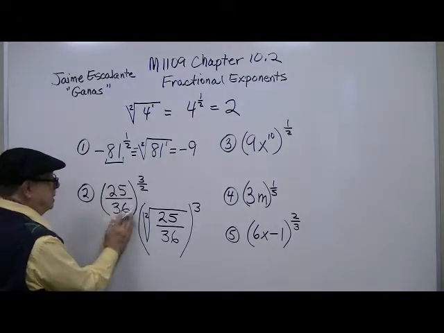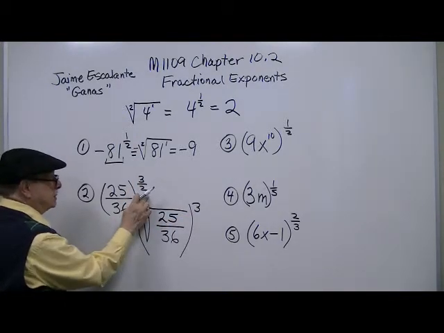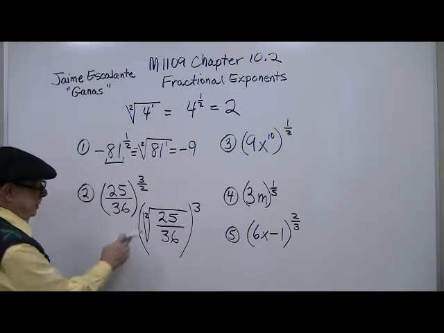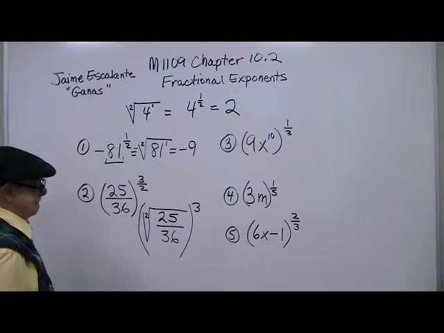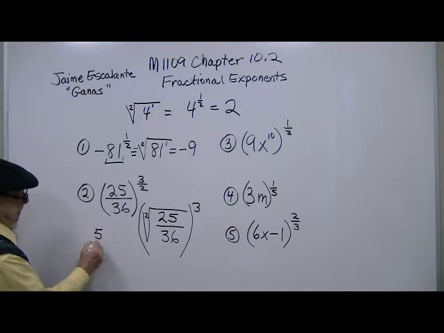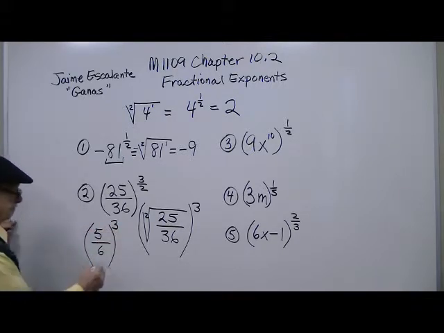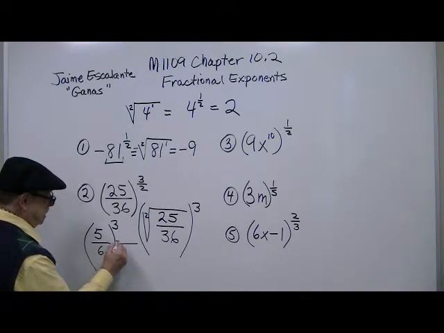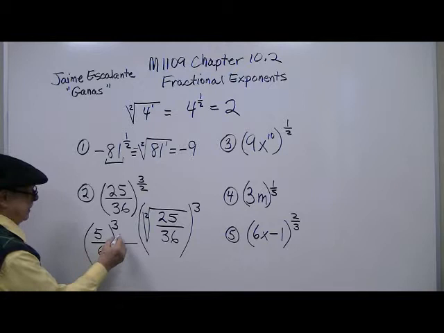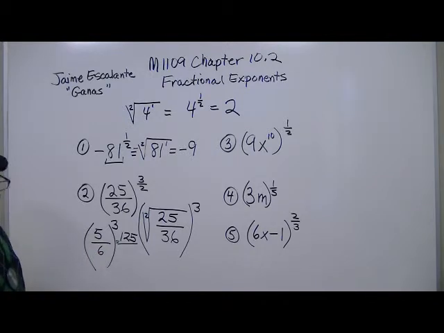So it's saying that all of this is raised to the third power, and you're using the denominator of the fractional exponent to indicate your index number. So now we have the square root of 25 is 5. The square root of 36 is 6. And then that will be now raised to the third power. So equals 5 times 5 times 5 is 125. And 6 to the third power, you have to put that in your calculator. I don't know that one offhand.